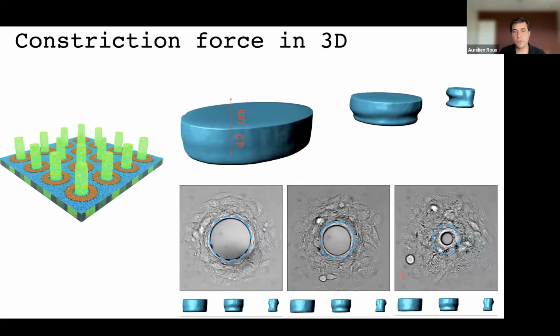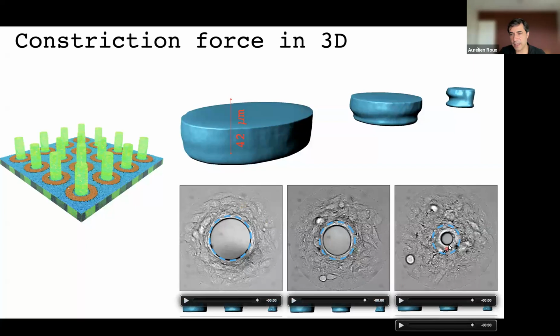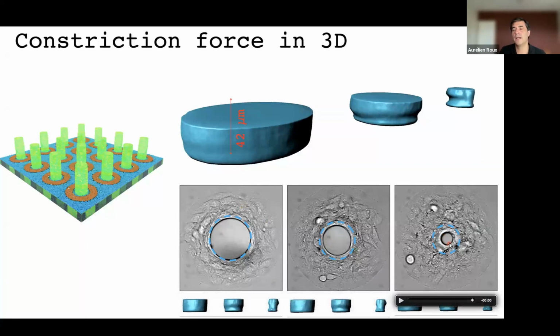And as you can see from the movies, these pillars get constricted when the mount is forming around them. And I hope you see that the smallest pillar actually gets constricted more than the other ones, meaning that you have more forces in the center of the disc than outside or on the border.